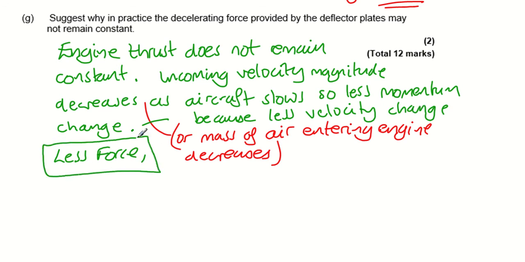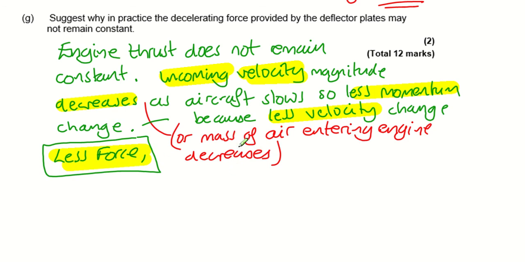That's the one they wanted there. So the highlighted bits of that are: incoming velocity varies, it decreases, and there's less momentum change because there's less velocity change, and therefore there's less force.